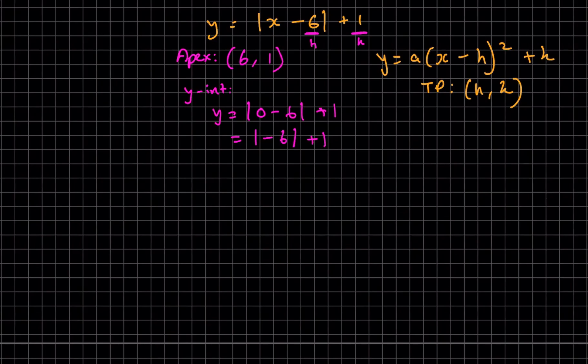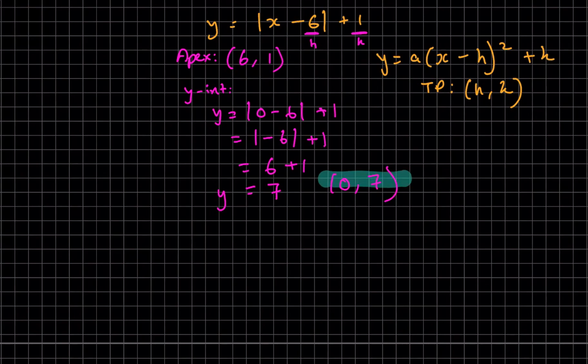And we determined before that the absolute value, the modulus, the magnitude of negative 6 would simply be 6. Adding the 1, we get y equals 7. So your y-intercept coordinates would be at 0, 7.